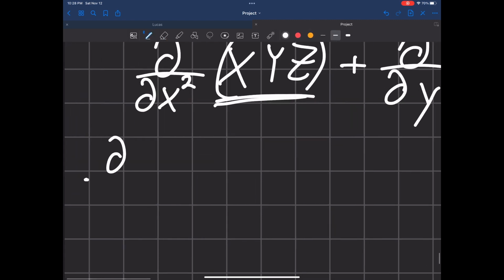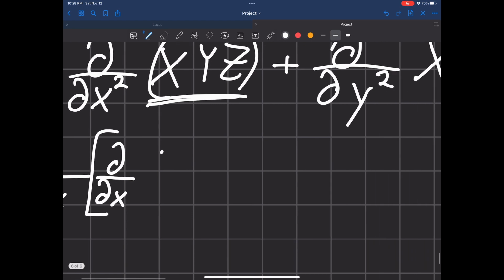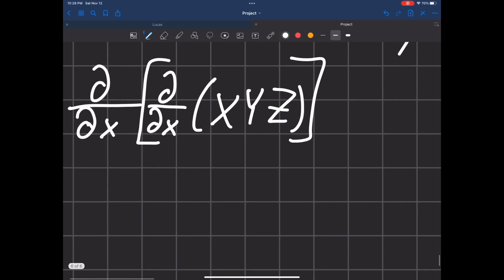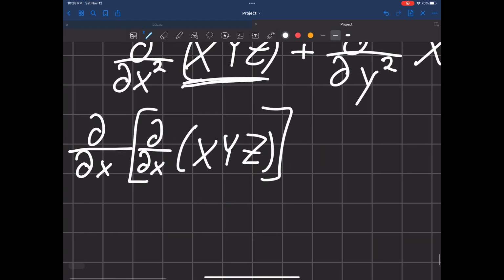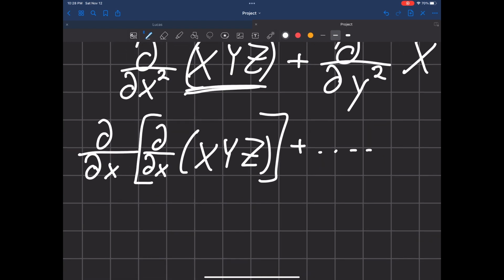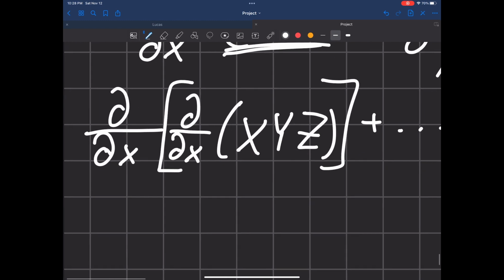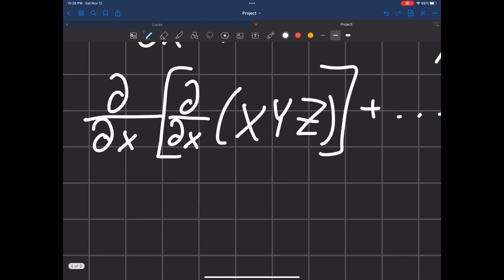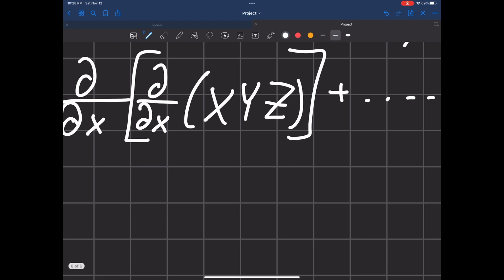So let's do this part first. I want to start by just showing you that this is actually del per del x of, so it's a derivative of a derivative, right? Acting on x, y, and z. Cool. So what does that go to? Again, I'm only doing the first part, so it's dot dot dot, just to isolate what we're doing here. So the inner bracket is going to be the derivative of your x function with respect to x.